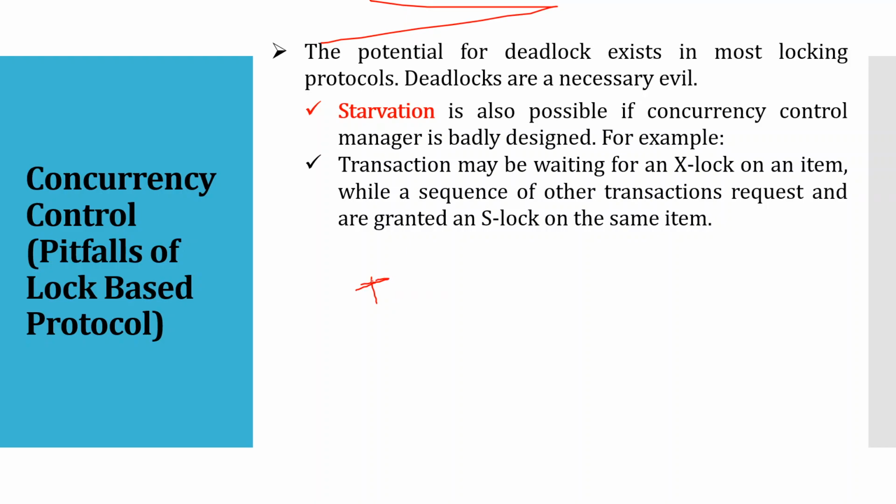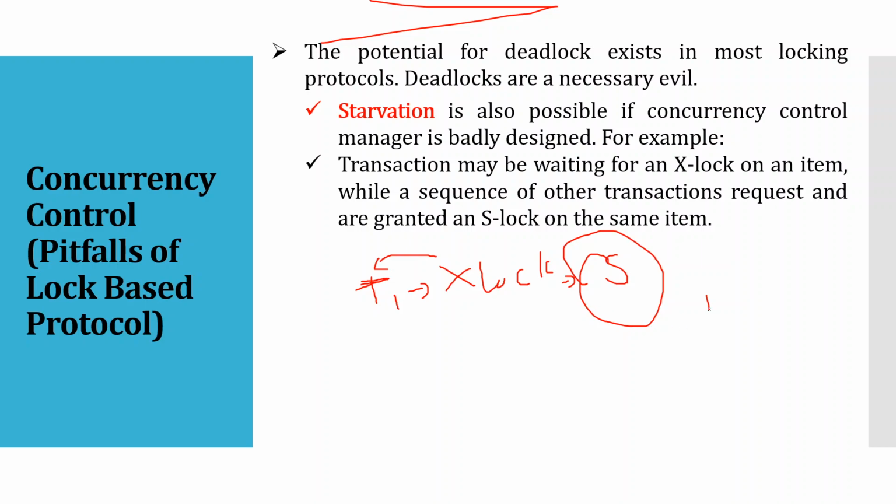T1 transaction wants an X lock, right, on data item S. This is the data item S on which T1 wants the X lock, but the X lock is not granted to this particular transaction.